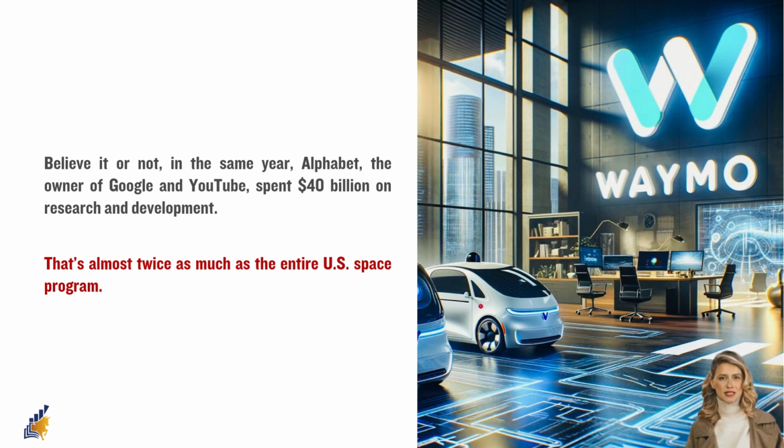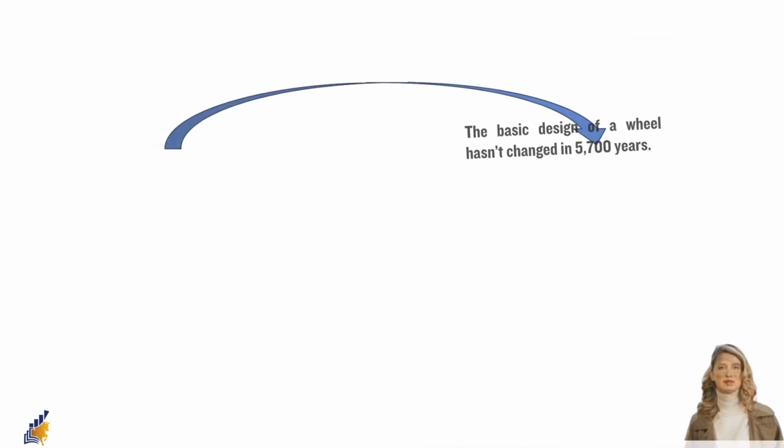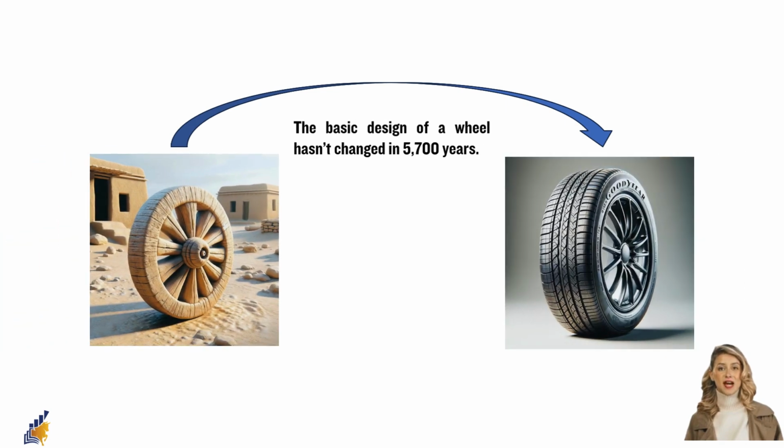You might be interested to know that Alphabet is also one of the leading pioneers of self-driving car technology through their Waymo business. Let's look at a company that is the opposite of Alphabet when it comes to R&D spending. That company is Goodyear Tire, one of the top 5 global tire manufacturers. Here's why Goodyear is so different from Alphabet.